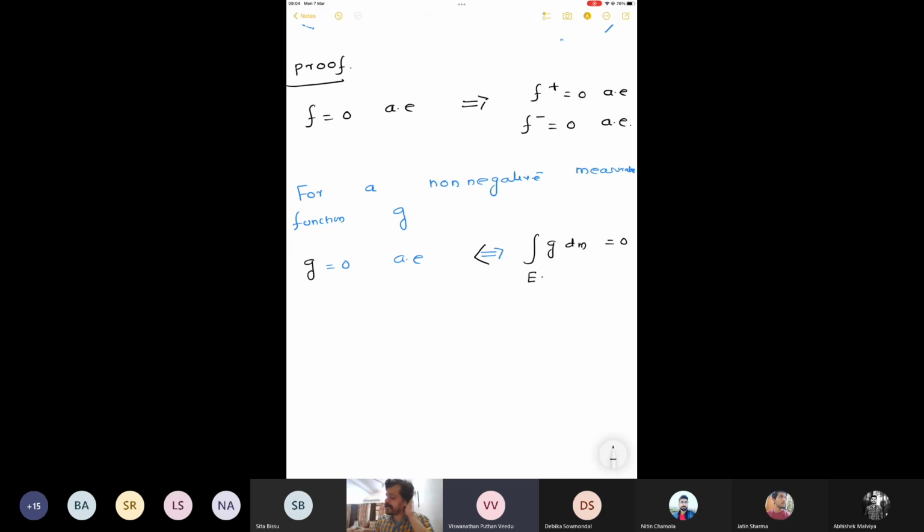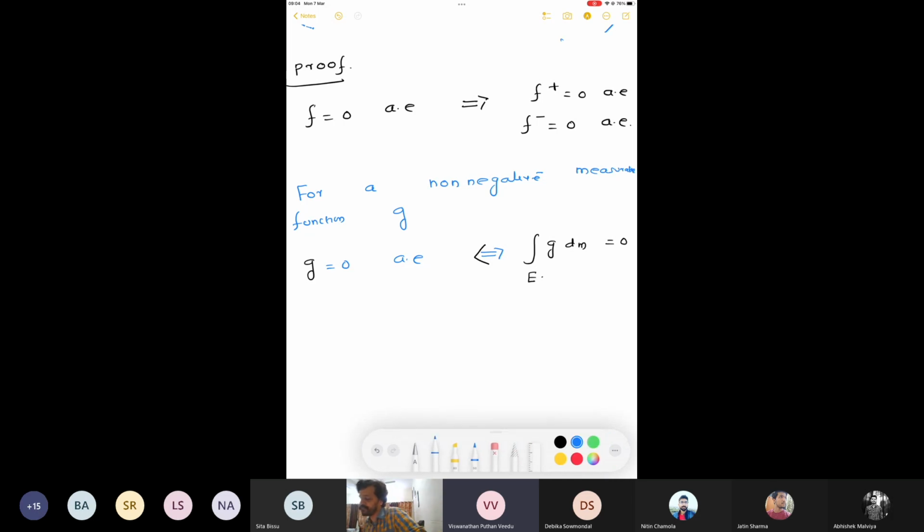Similarly here, the function being 0 will imply the integral is 0. But the integral can be 0 without the function being everywhere 0. Almost everywhere is enough. So g equal to 0 almost everywhere implies the integral of g dm equal to 0. The converse is also true if the function is non-negative. If the integral is 0, the function will be 0 almost everywhere, provided the function is non-negative.